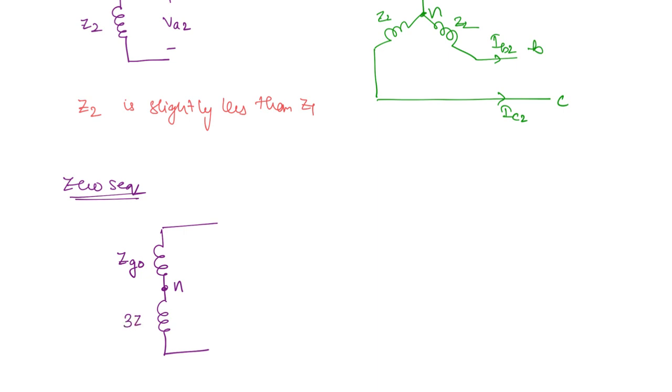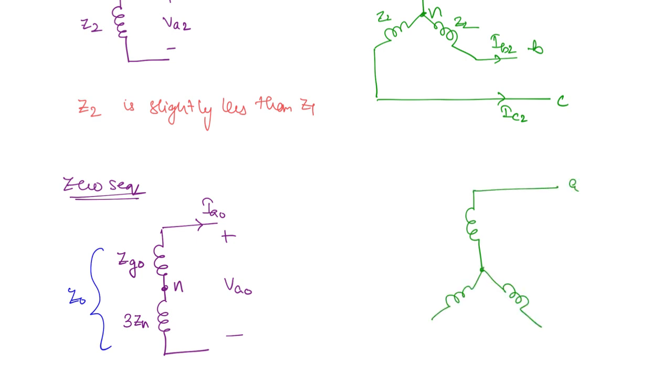And here you will have 3 times the neutral impedance. That means if there is an impedance from neutral to ground, it is taken 3 times. So this entire thing is the total zero sequence impedance. The current here is IA0, and this voltage is VA0. You can also draw it for the 3 phases.